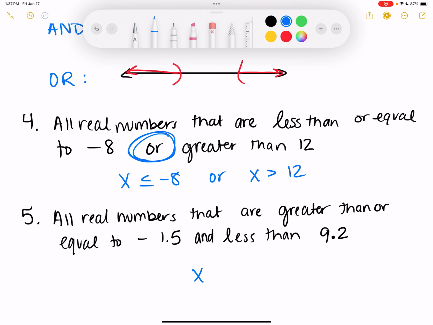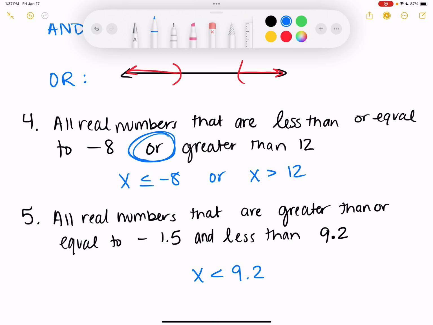Now, I know that x is less than 9.2, so I'm going to go ahead and write that. But it also told me the very first thing it said was that it's greater than or equal to negative 1.5.